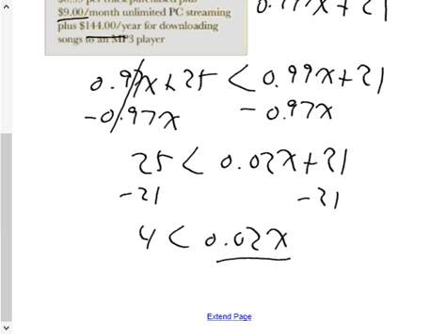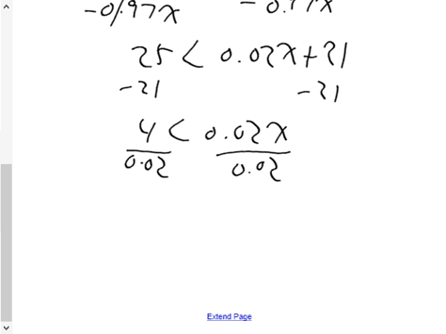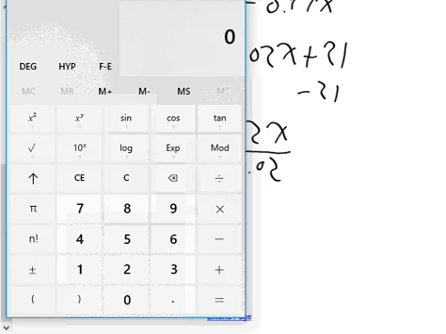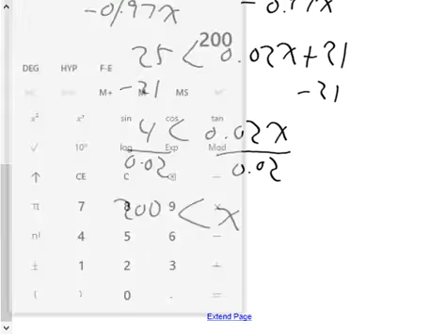Now that we have that, we're going to divide both sides by the coefficient. How many 2 cents are there in $4? There are 50 in $1, so there should be 200, I think. So x must be greater than 200. Let's just check: I have $4 divided into piles of 2 cents. How many piles can I make? I can make 200.